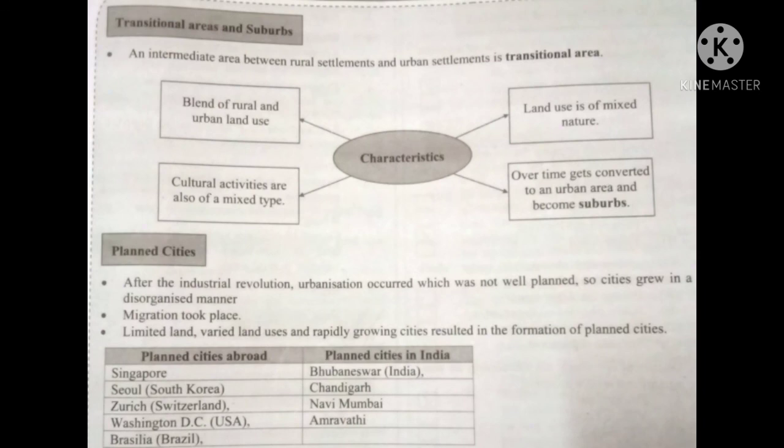Now, which are those planned cities which are abroad, and which planned cities are in India? Let's have a quick look. Planned cities abroad are Singapore, Seoul in South Korea, Zurich in Switzerland, Washington DC in the United States of America, and Brasilia in Brazil. Planned cities in India are Bhubaneswar, Chandigarh, Navi Mumbai and Amravati.